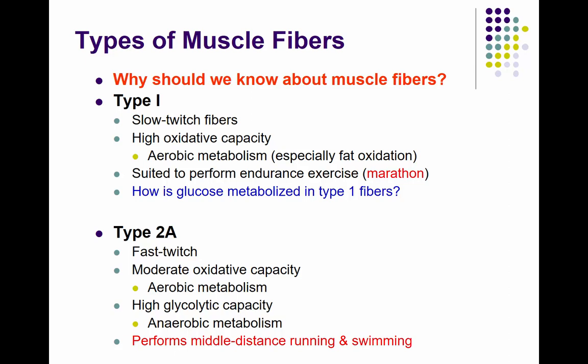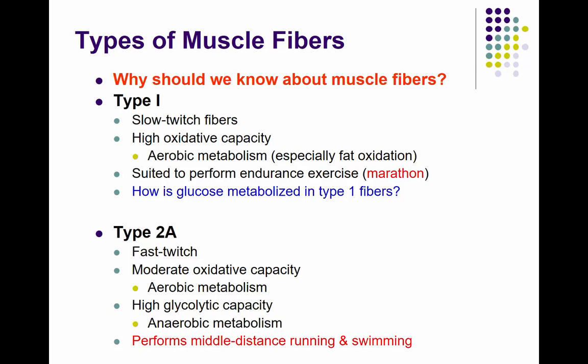Marathon runners should have a high percentage of type 1 fibers. Someone that doesn't run very often would get out of that stage much more quickly. Right. Yeah. We're going to talk about this later: how training will change the muscle fiber composition and metabolism, right?